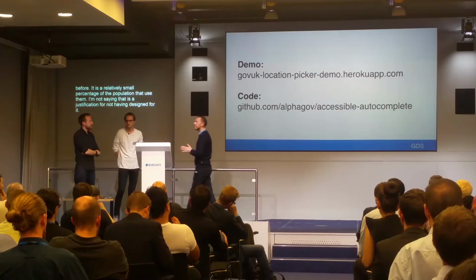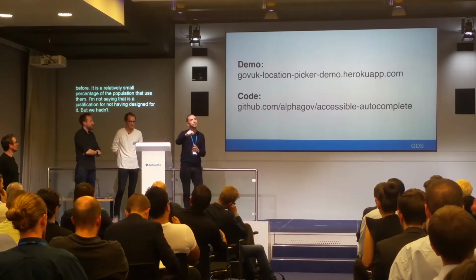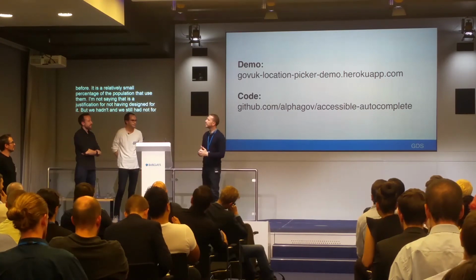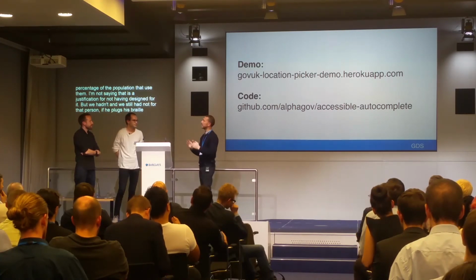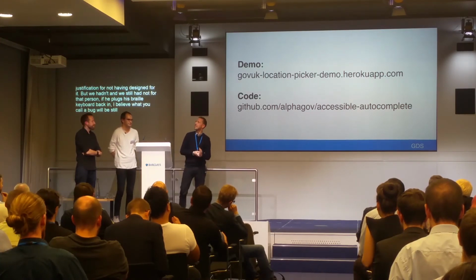It's a relatively small percentage of the population that use them. I'm not saying that's a justification for not having designed for it, but we hadn't, and we still have not. So if that person plugs his Braille keyboard back in, I believe that what you call a bug is still going to be present in the software. Possibly.